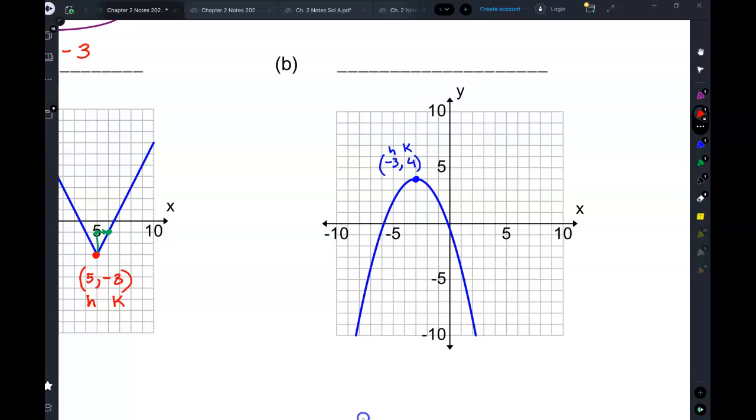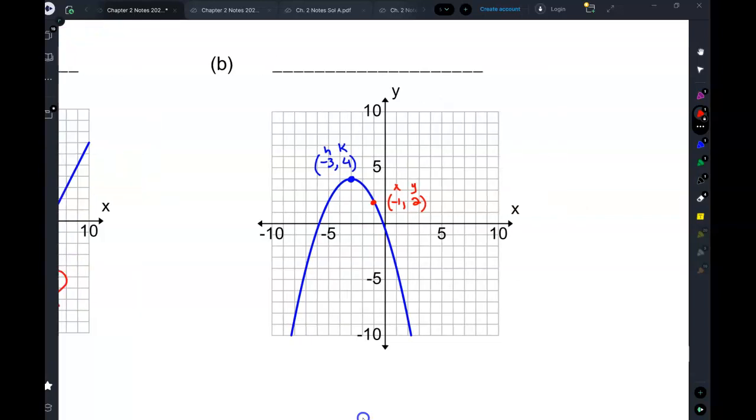If I do this one, what is that? It's negative 1 comma 2, right? Now, I label this x and y.